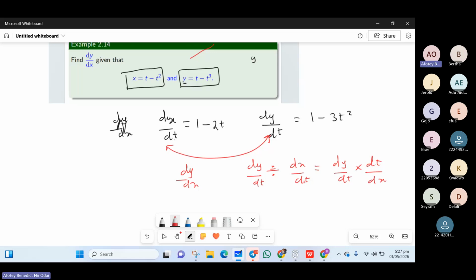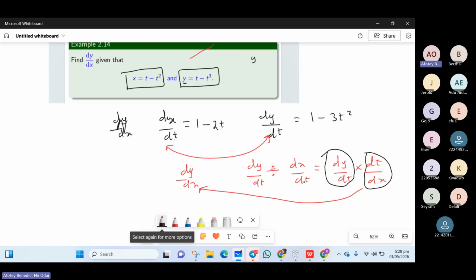So again, you can see that this can cancel out and you get your original dy dx back. So this is basically equal to your dy on dx. If you look closely, you can cancel it out. Now, we have to first get our dy on dt and our dt on dx.